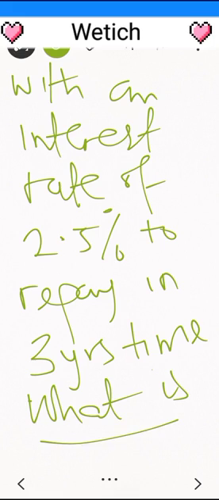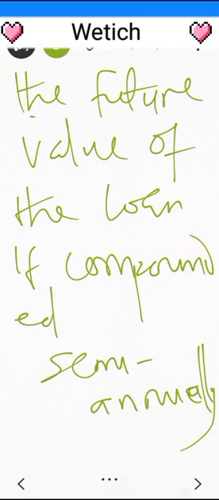Now, what is the future value of the loan if compounded semi-annually?